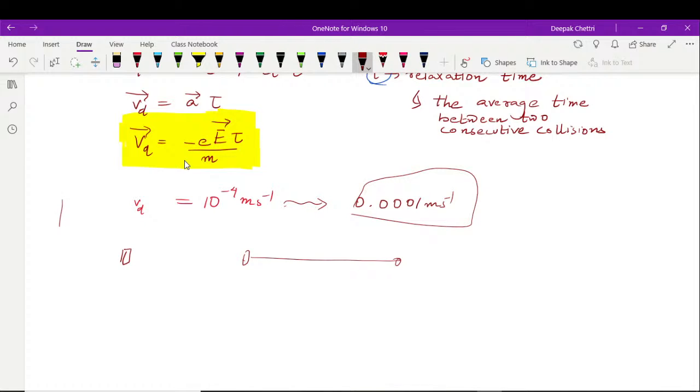Suppose you are inside a room and you switch on the light, does it take time for the light to come up? No, right? It happens instantaneously, even though the electrons are moving so slowly.